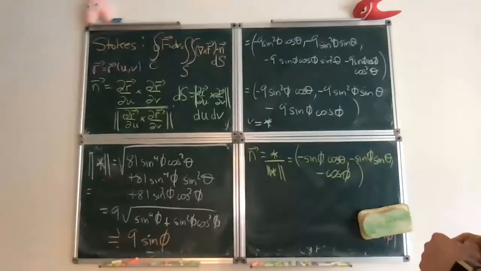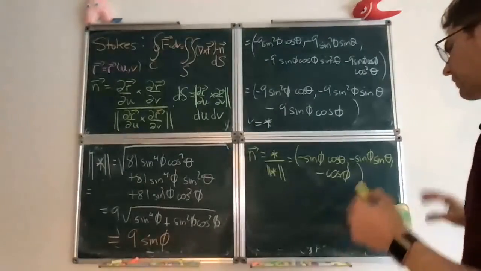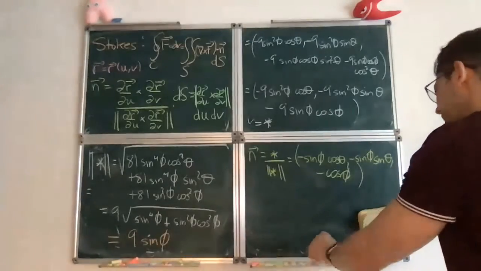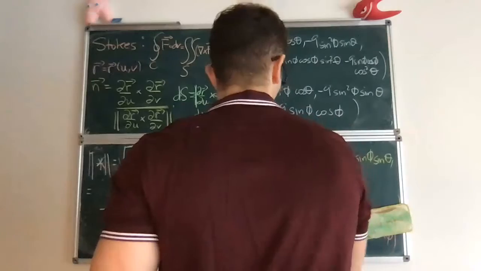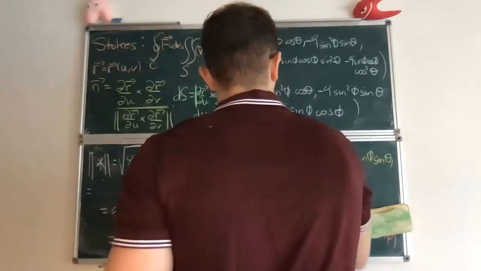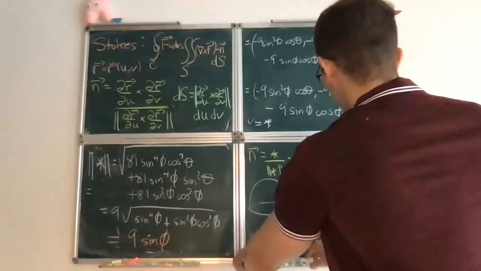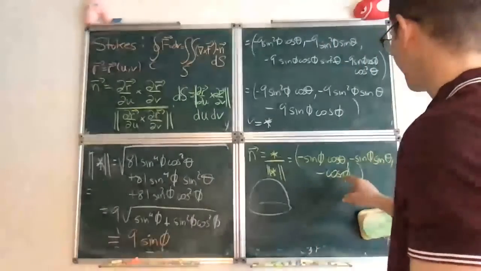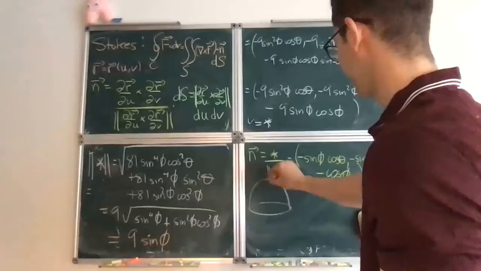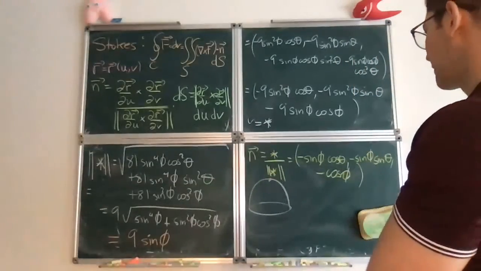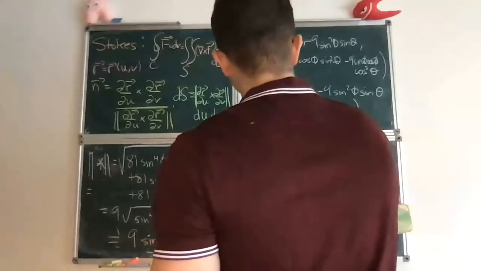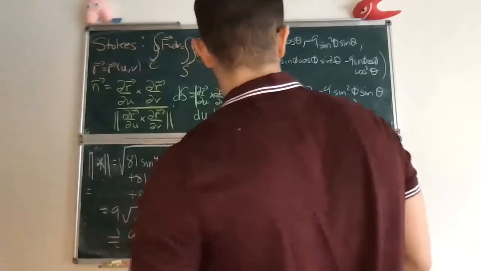Okay, and so this is an actual normal vector, but notice that at the north pole, so the north pole is characterized by say phi being equal to 0. So when phi equals 0, this goes away, and this gives you negative 1. So it's pointing inwards, right?